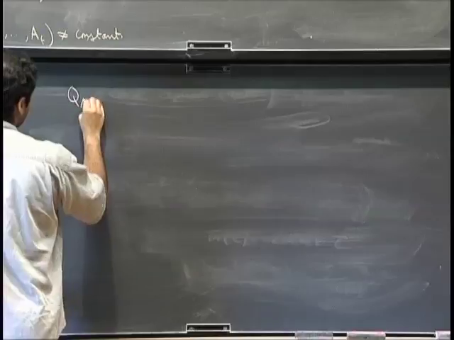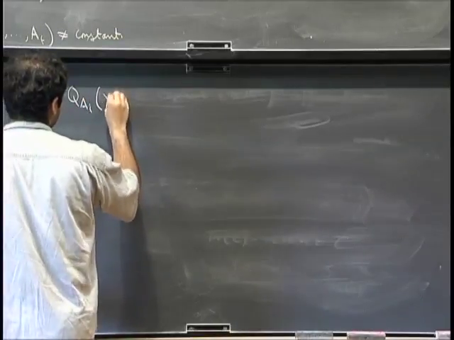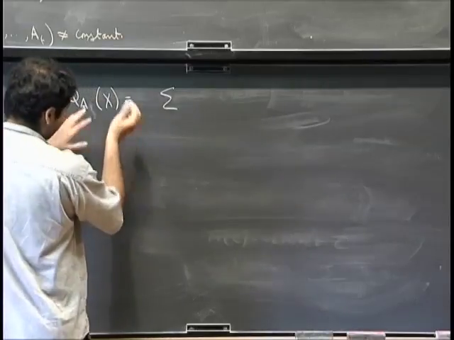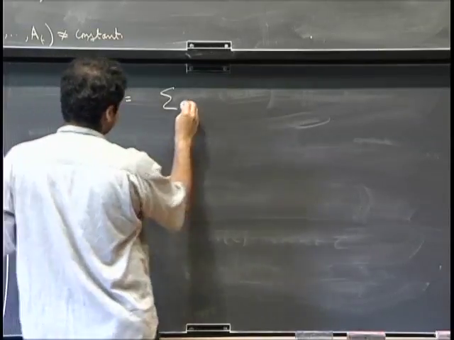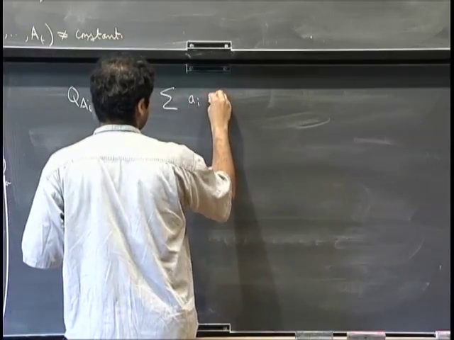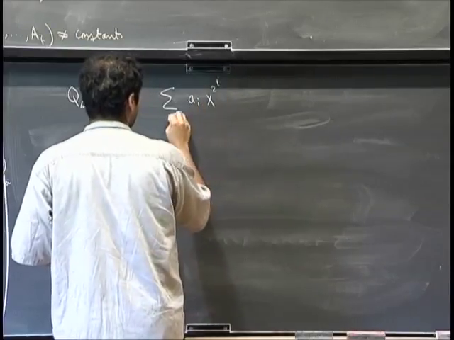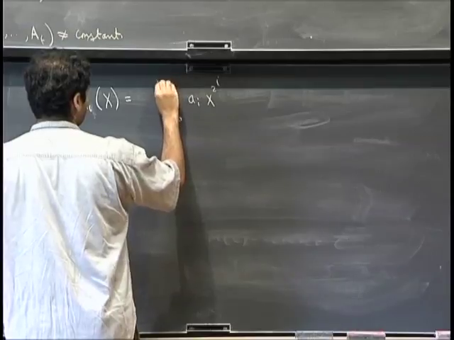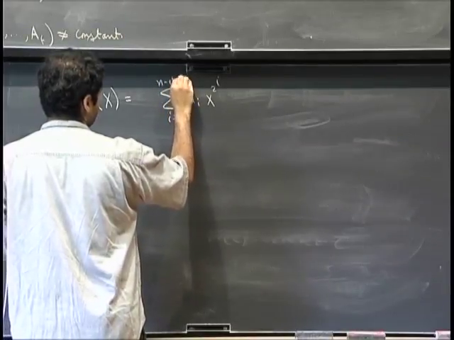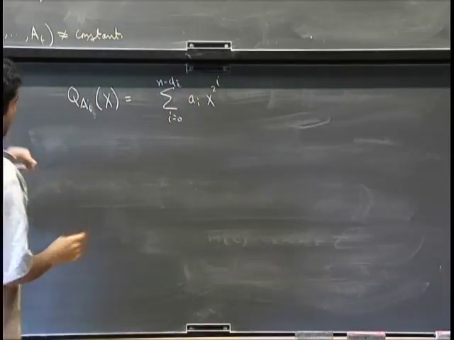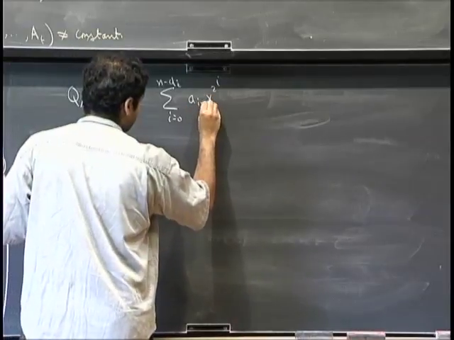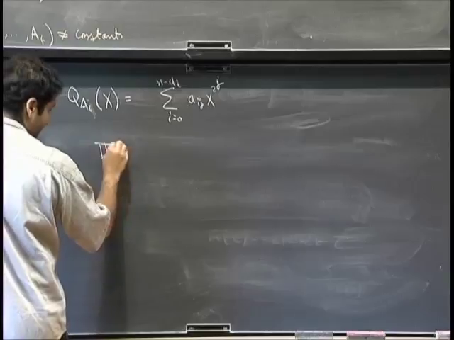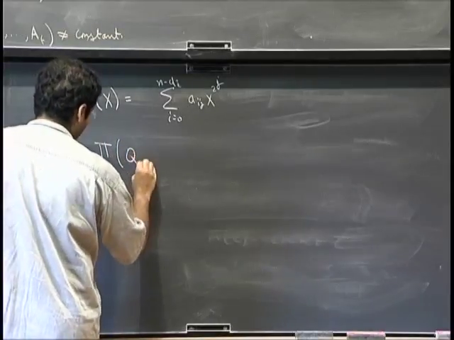Suppose QAI of x is, let's start with a general one, summation AI x to the 2 to the I, up to n minus the dimension of AI, which I'll call di. Now this should be Aij x to the 2 to the j. So the first step is just a very simple expansion.